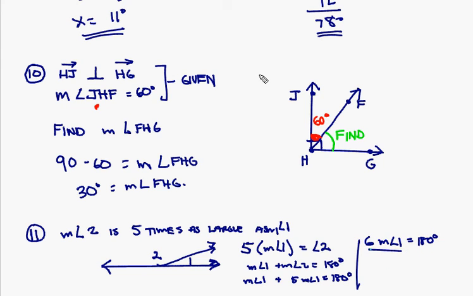And if I divide both sides of the equation by 6, I get the measure of angle 1 is equal to 30 degrees. So this angle 1 then is going to be 30 degrees. And this is going to be 5 times as big, so 5 times 30 is 150 degrees. Okay, so those are the measure of the two angles.